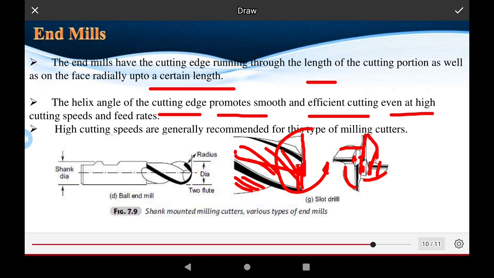Okay, the tool also rotates in circular motion at 500 to 1000 rpm, and cuts the metal in the operations.